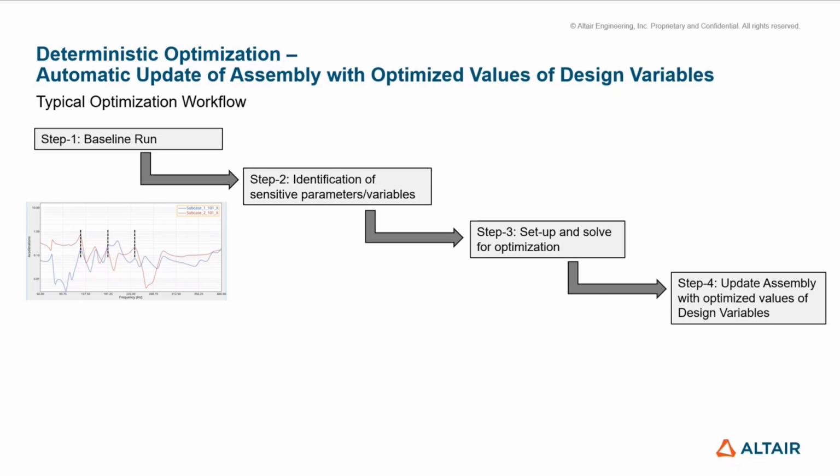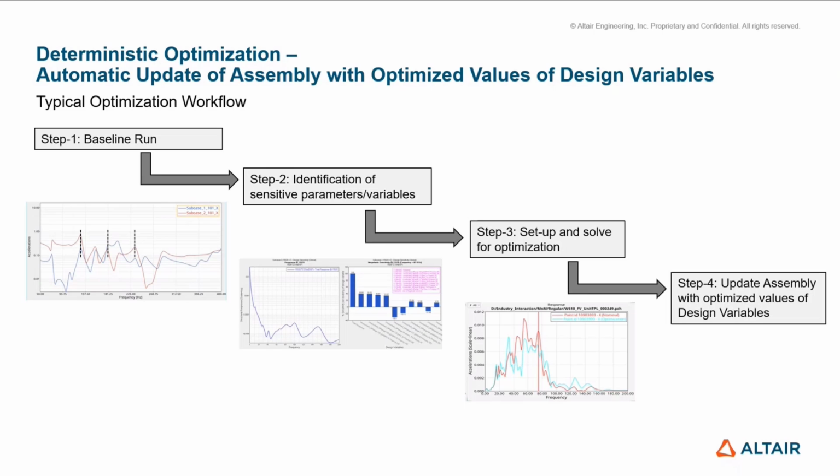So basically, you get your responses, you identify your sensitivity parameters, and you get your optimized results, or responses which are trying to satisfy your targets. But one major activity which needs to happen even after optimization is updating your assembly, or updating your model, with the optimized values of design variables.